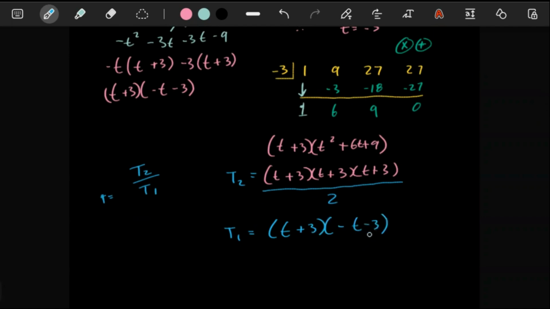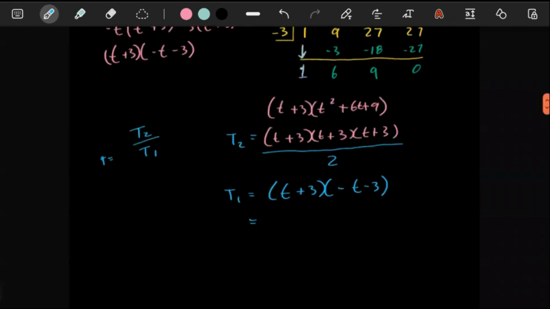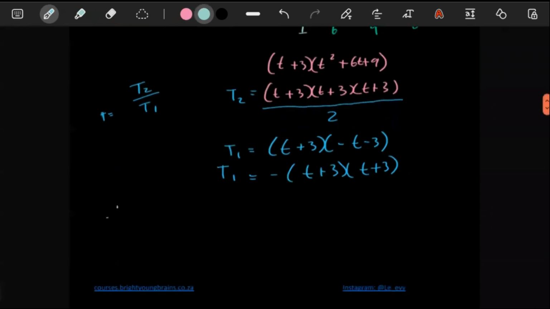But it looks like you can take out a negative here as a common factor. If you take out a negative, you can put that right in the front there, and then you're going to have here t plus 3, like that. So this becomes a positive t, this becomes a positive 3. So you have t1 and t2. So life is good, eh? Because now we can say, therefore, r is equal to this whole thing here, where we have 3 of them over, here we have 2 of them.